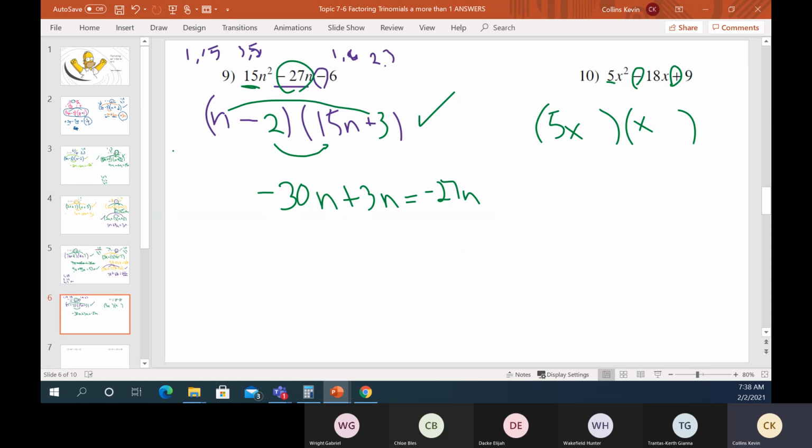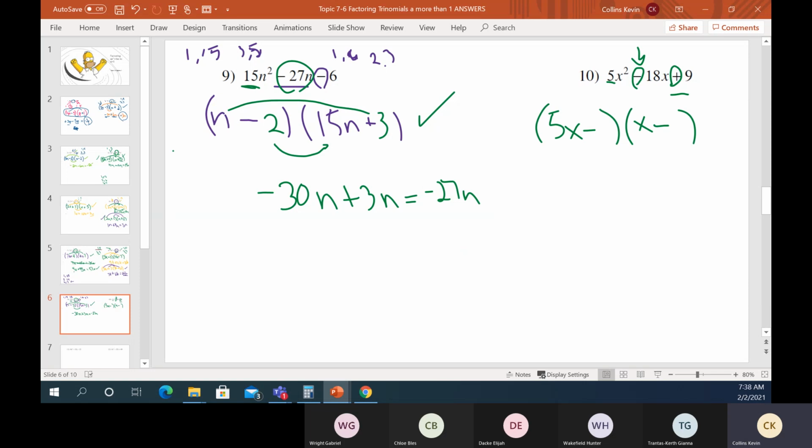If you have a plus here, that means I need 2 pluses, because 2 positives will give you a positive number when you multiply them, or 2 negatives, because 2 negatives will give you a positive if you multiply them. So it's always dictated, again, by this middle guy. This middle guy seems to be the key to just about everything here, right? So this would be a minus and a minus.